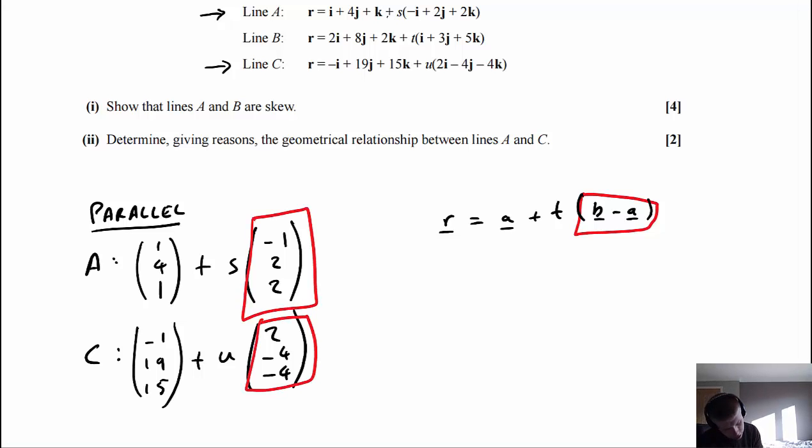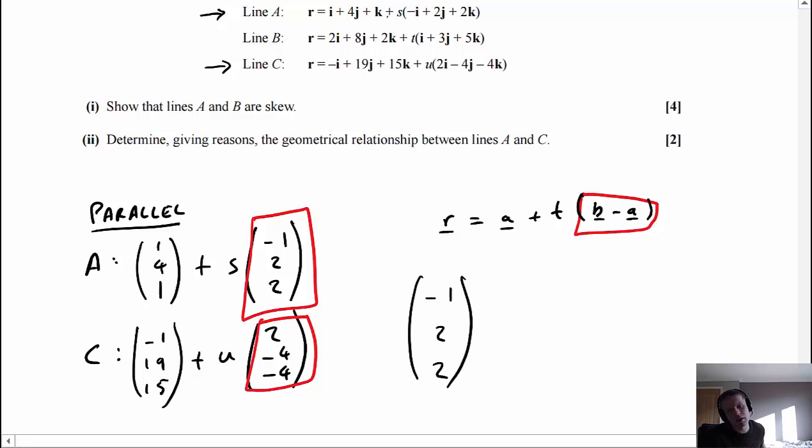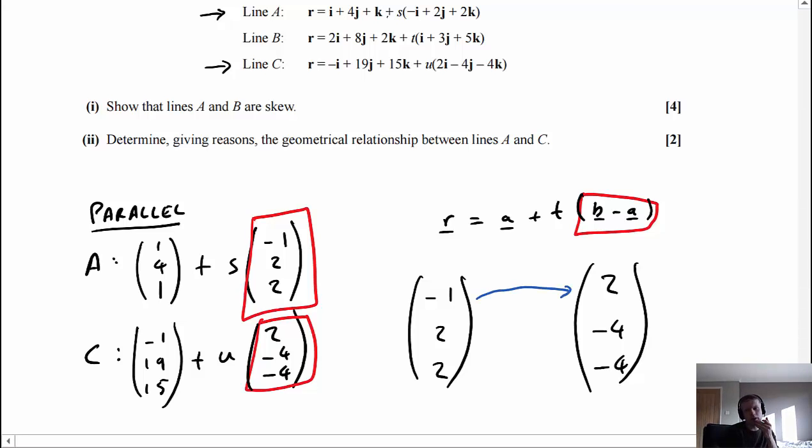So let's have a look. I've got -1, 2, and 2. That's the direction vector of line A. The direction vector of my line C is 2, -4, and -4. So let's think. What do I have to multiply -1 by to get 2? Well, -1 times -2 gives me 2.